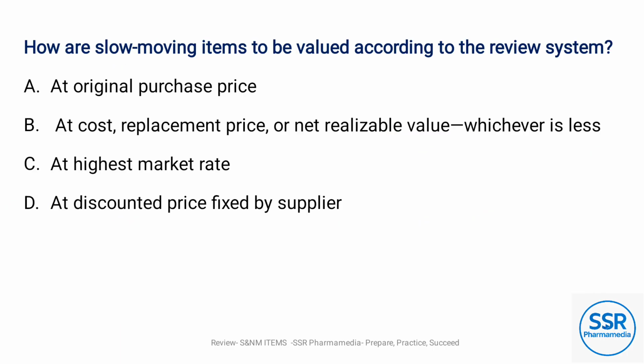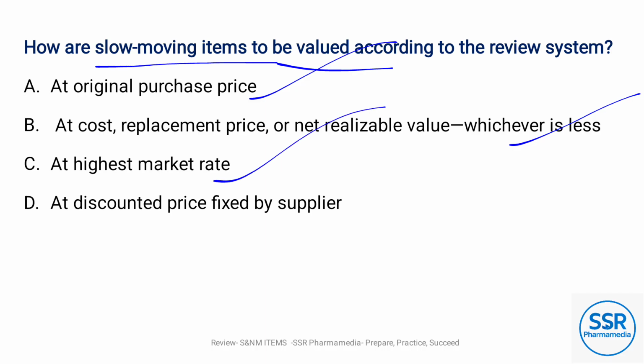Next question. How are slow moving items to be valued according to the review system? Option A, at original purchase price. Option B, at replacement cost or net realizable value, whichever is less. Option C, at highest market rate.